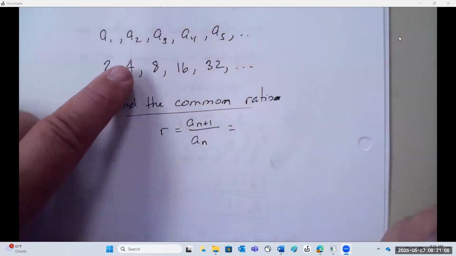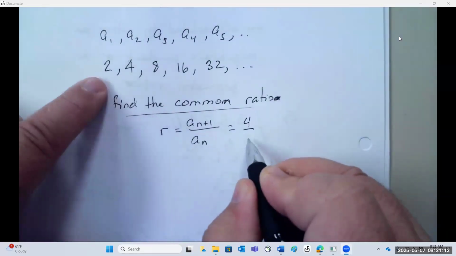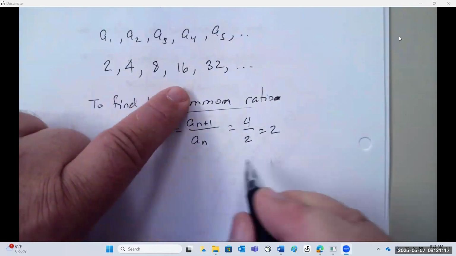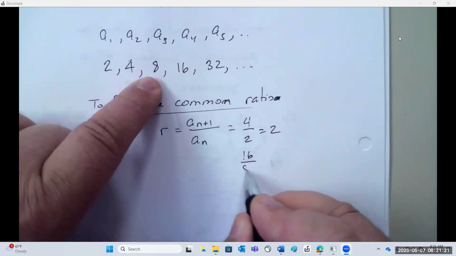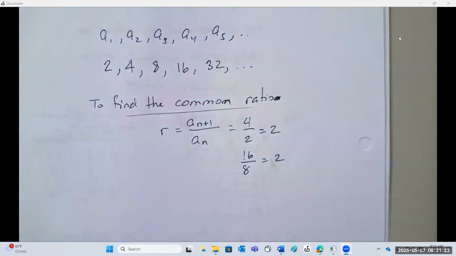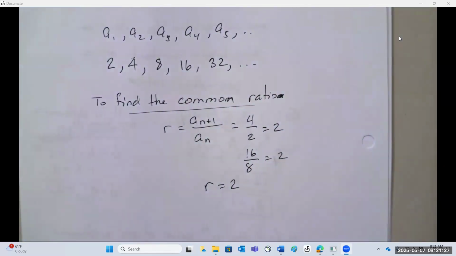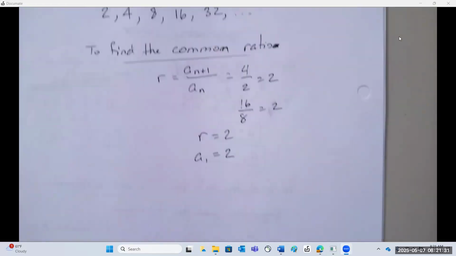So for example, if we have a sub 2 on top, a sub 1 on the bottom, the ratio is 2. If we have a sub 4 on top, which is 16, and the number before it is 8, we also get 2. So the common ratio is 2. And the first term in our sequence is 2.